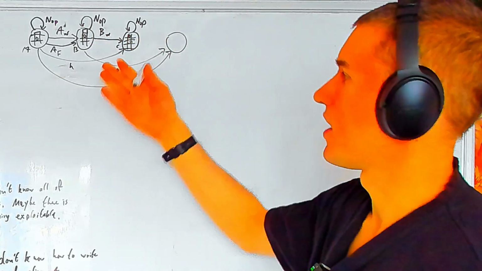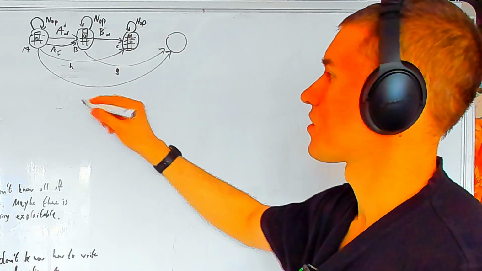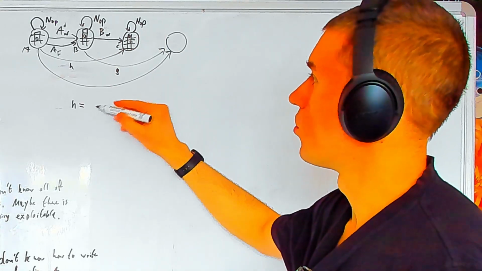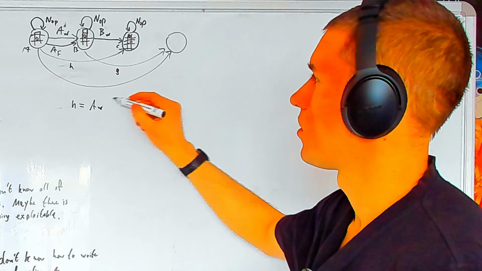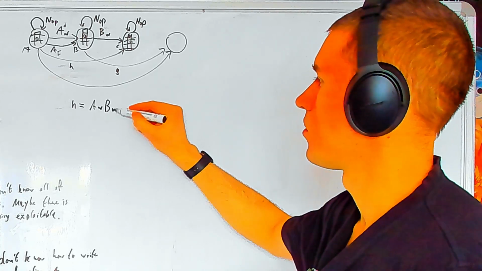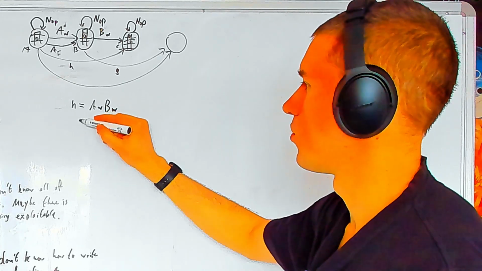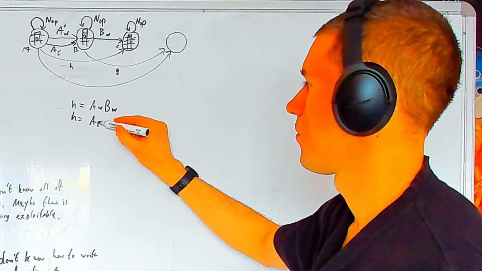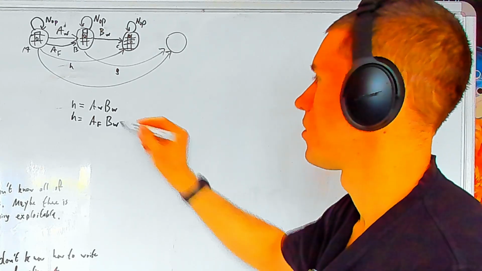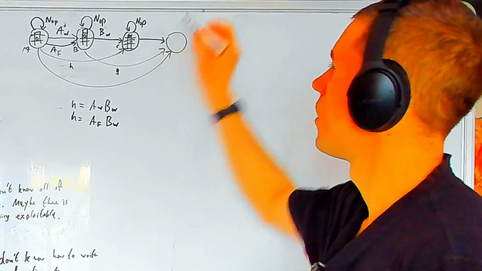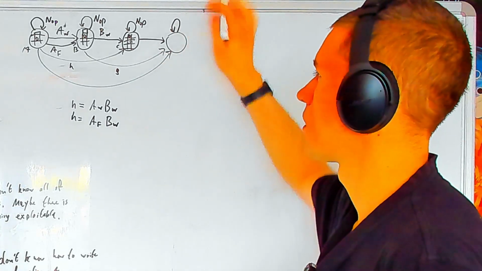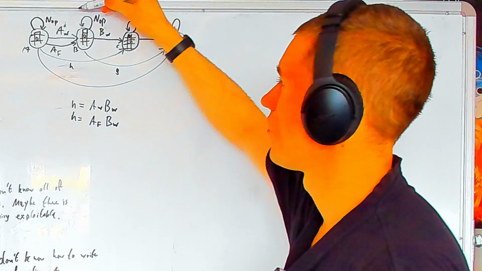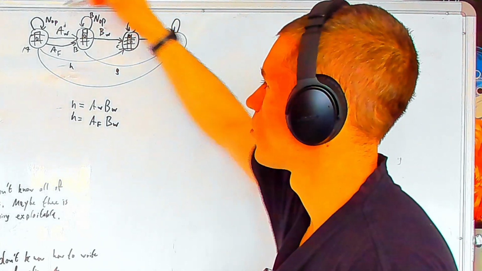And now we can say H is equal to AW, BW, but it's also equal to AF, BW. Makes sense? And here we would need to say here's a C nop. This means just no operation.